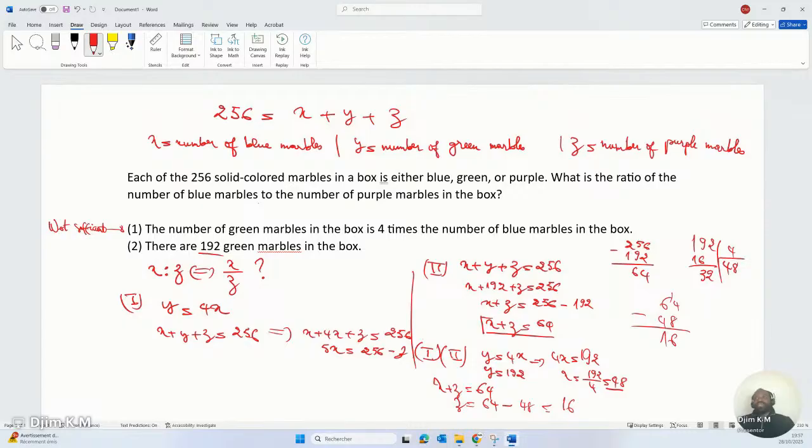So the ratio will be equal to 48 over 16, which is 24 over 8, 12 over 4, 6 over 2, and 3 over 1.